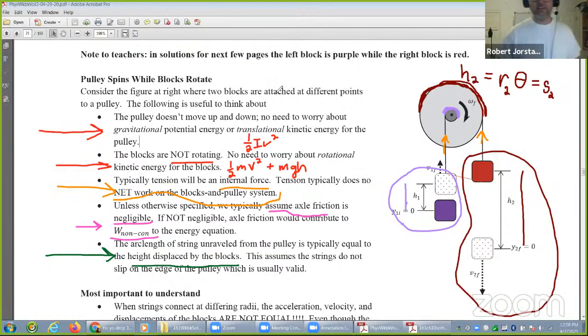So they both rotate 180 degrees, but h1 is equal to radius 1 times theta. It's a different arc length.